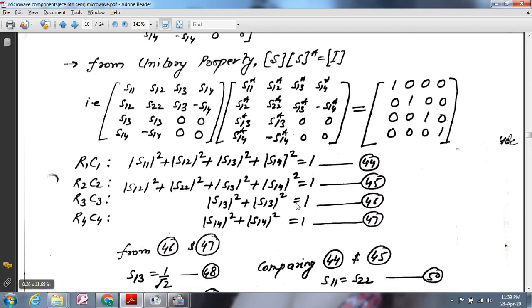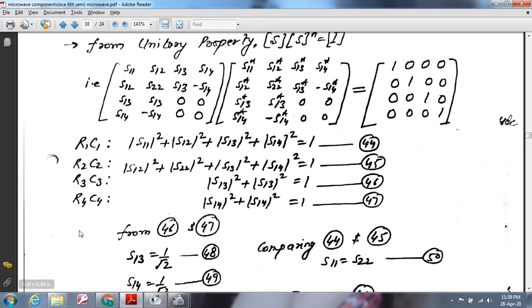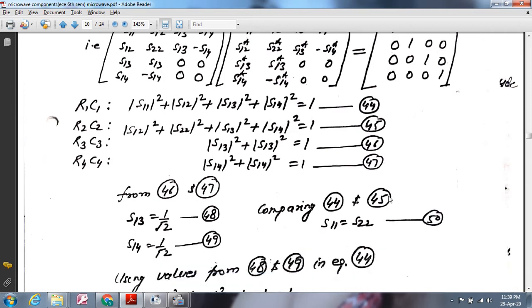This is equation number 46. Similarly, we take the multiplication of the 4th row and 4th column, that is R4C4 equals S14 square plus S14 square, which also equals 1. This is equation number 47.